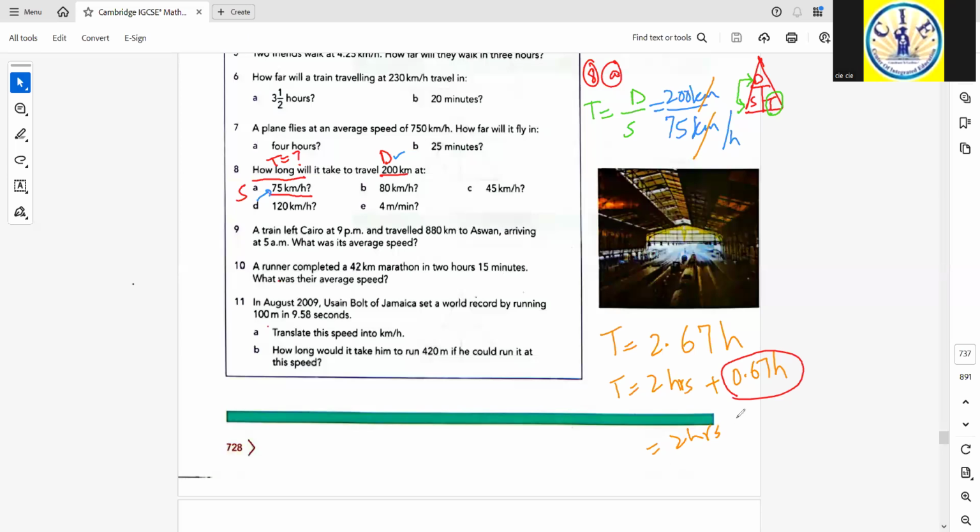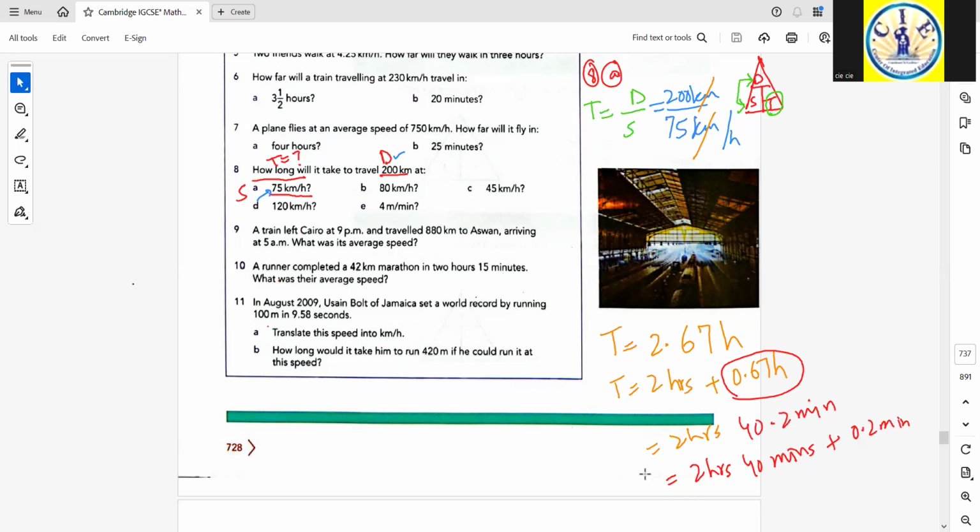So 40.2 minutes. That gives us 2 hours, 40 minutes plus 0.2 minutes. Once again, we can convert this 0.2 minutes into seconds. 0.2 times 60 is 12.